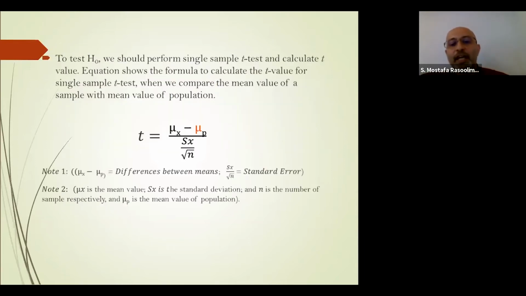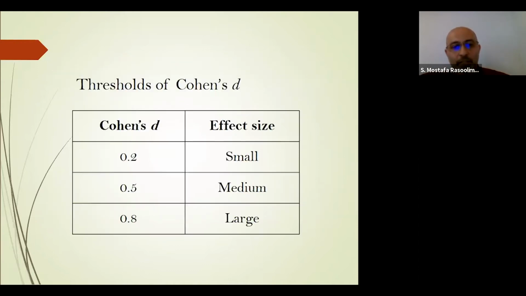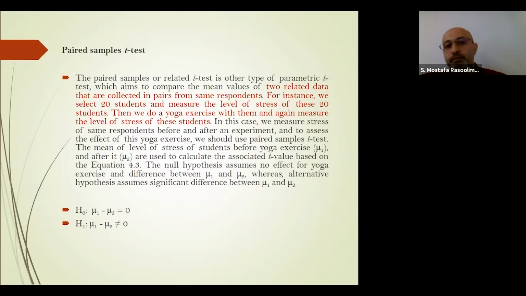The second type of t-test is the paired sample t-test. Paired sample t-test is for a situation where we compare data from one group, but in two different situations.